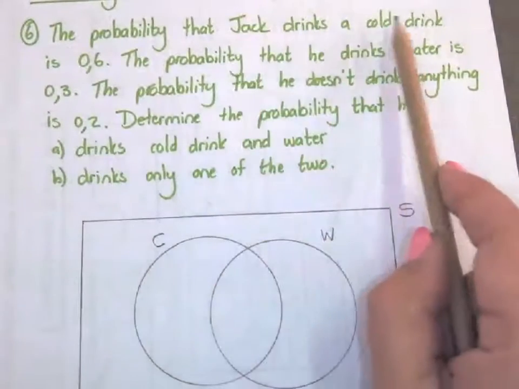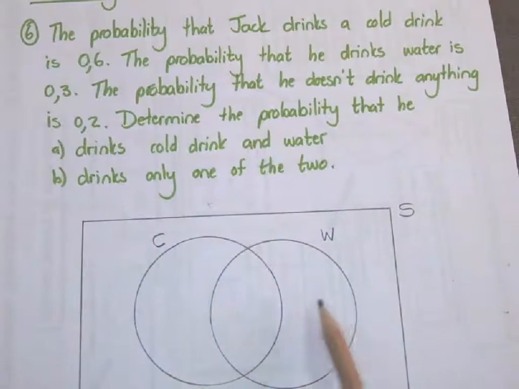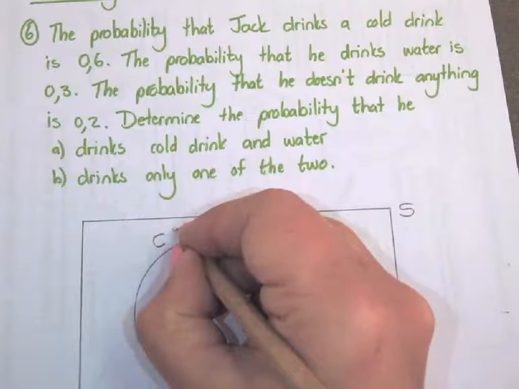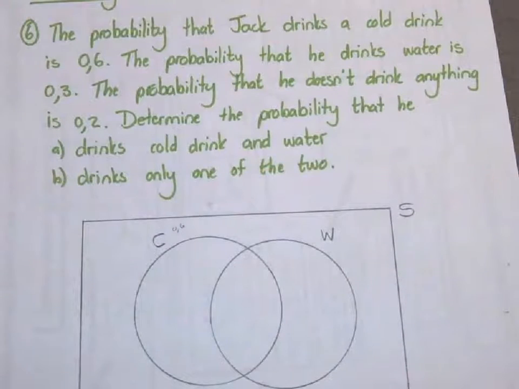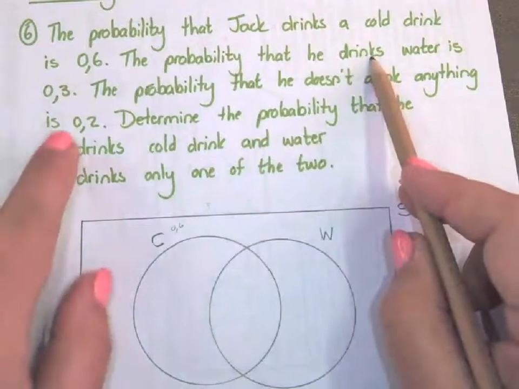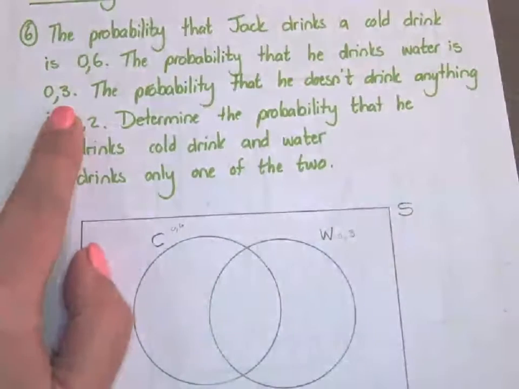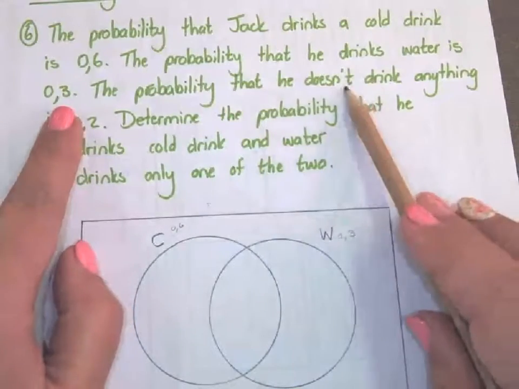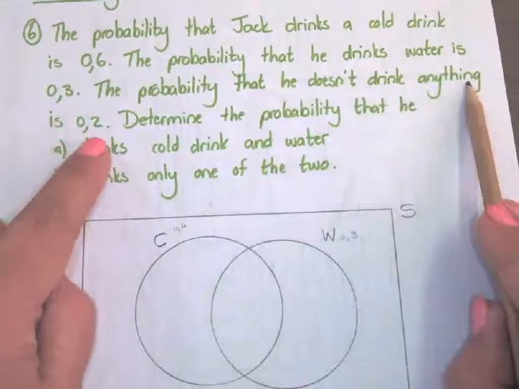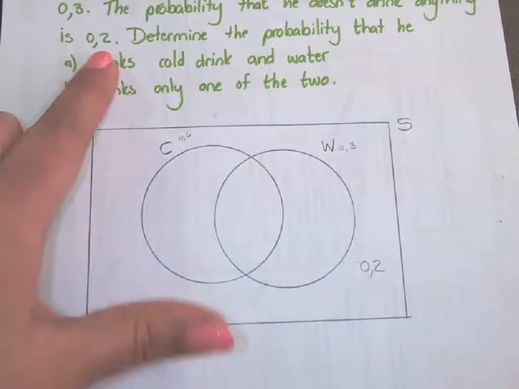The probability that Jack drinks a cold drink is 0,6. We have cold drink and we have water. So cold drink is 0,6. I don't write it inside yet. The probability that he drinks water is 0,3. The probability that he doesn't drink anything is 0,2. So this we can write 0,2. He doesn't drink anything.